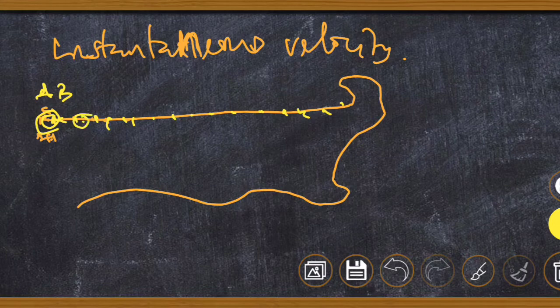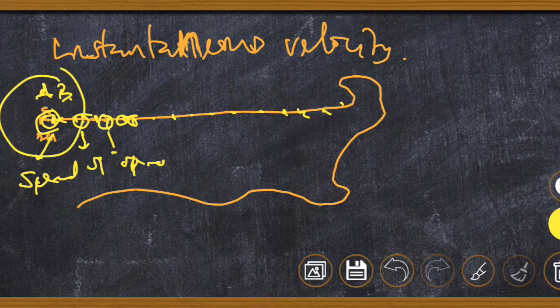At each of these distances, we normally calculate our speed. When we get here, we also calculate speed. Here, we also calculate speed. The speed that is being calculated at each of these infinitesimal distances is what we call instantaneous speed.